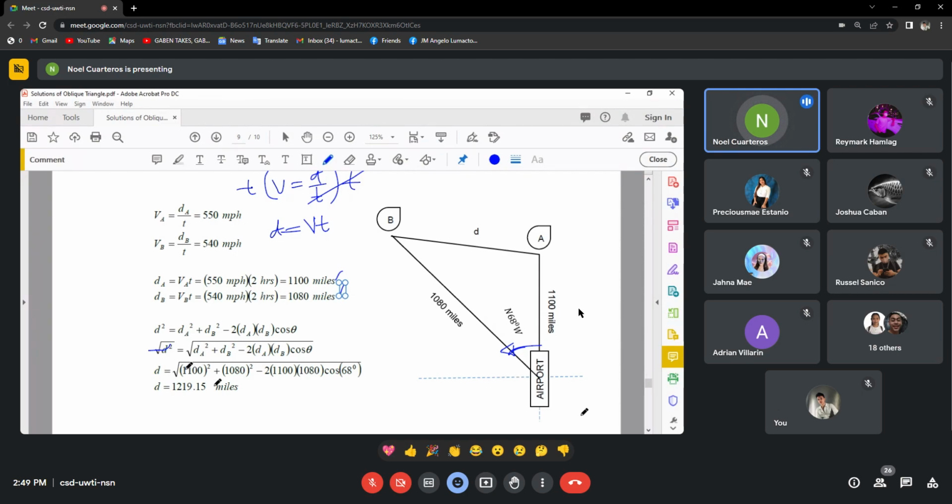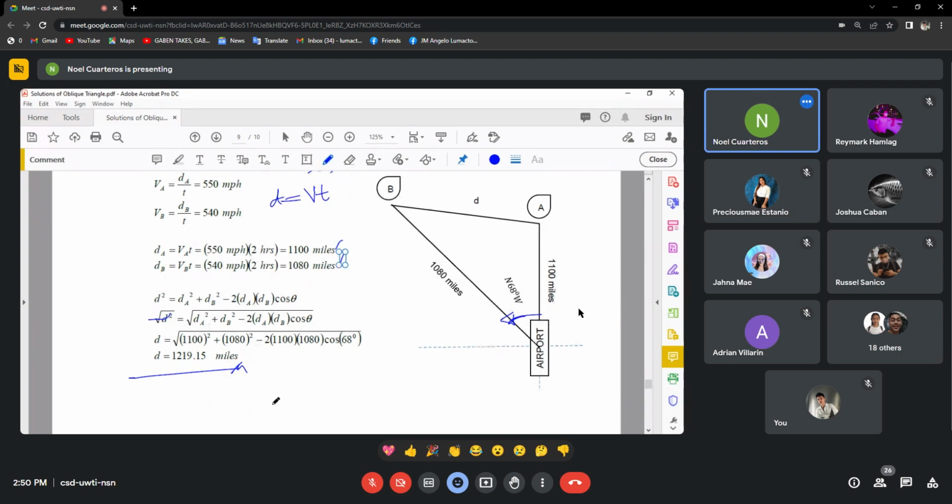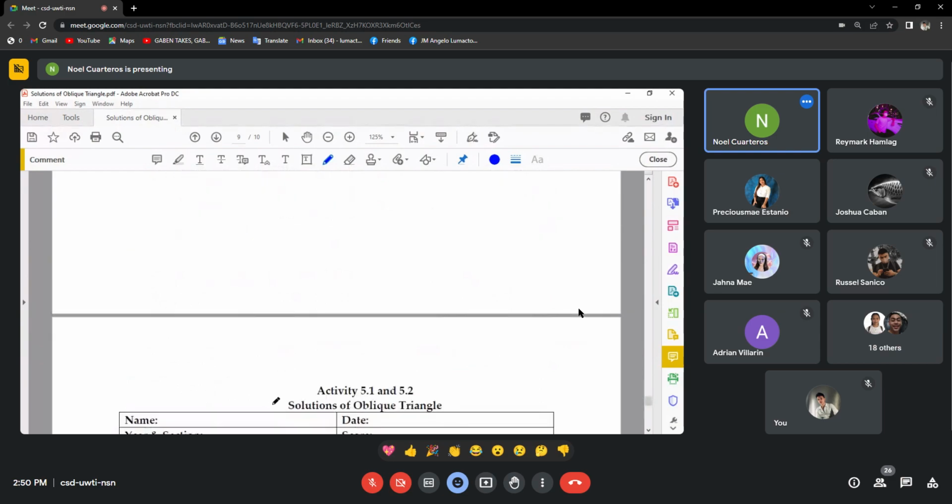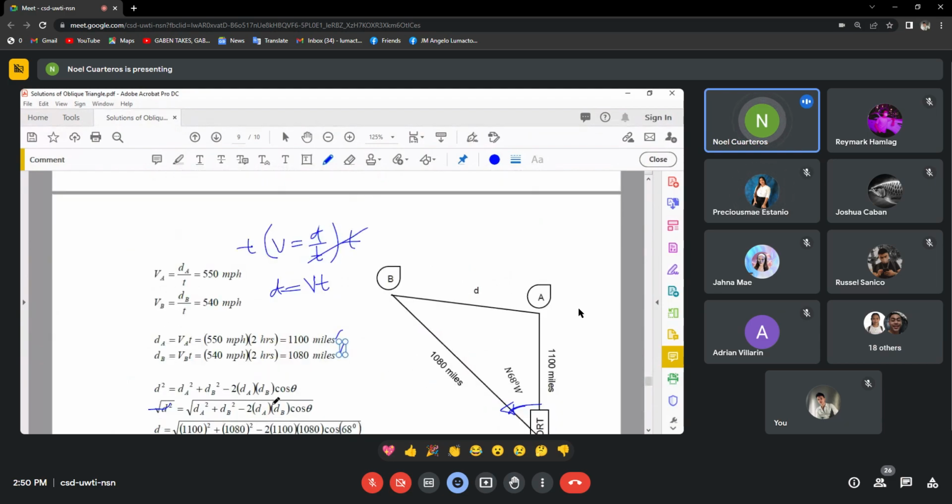With the use of your calculator, it would be equal to 1,219.15 miles. So, this would be the distance between the two airplanes. Questions? Wala, sir. Wala may pangutana.